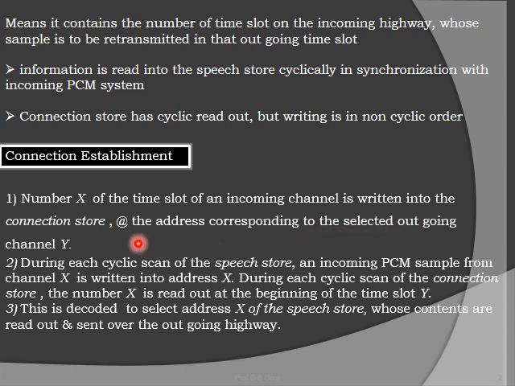Here the number is what is stored, instead of the speech sample. The connection store will hold the addresses of the outgoing channels Y. During each cyclic scan of the speech store, an incoming PCM sample from channel X is written into the address X in the speech store. During each cyclic scan of the connection store, the number X is read out at the beginning of time slot Y. That is decoded and used to extract the speech and sent through the outgoing highway. This is how the connection can be established.